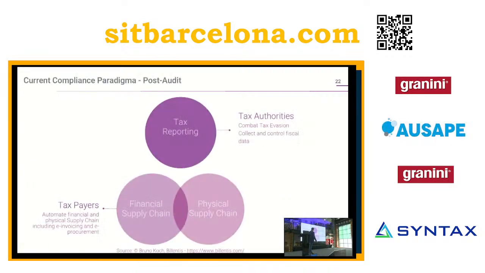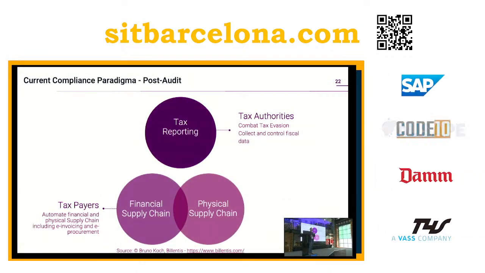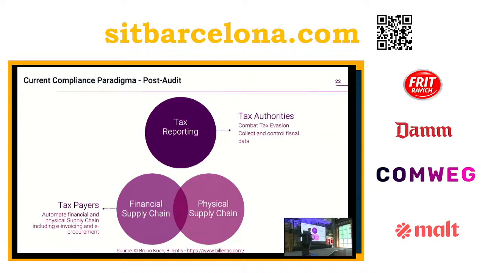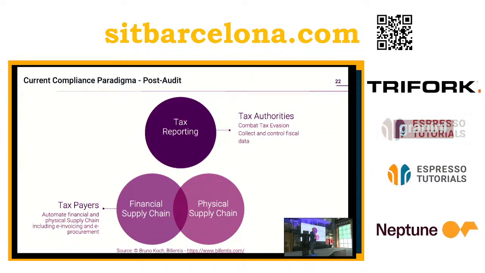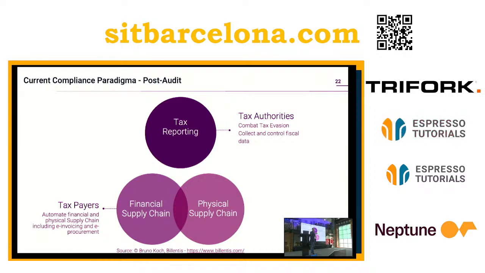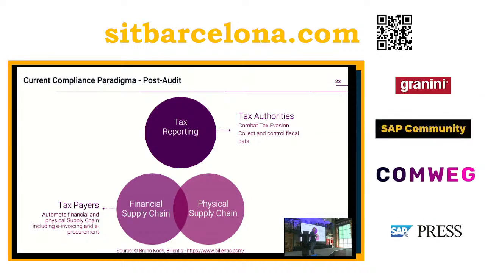Now, these next two slides are very important to understand, because I'm talking about the post-audit paradigm which you are using nowadays. Colleagues that have a company or are freelancers have this issue nowadays.